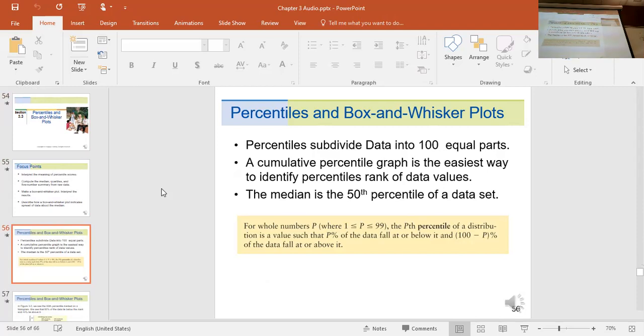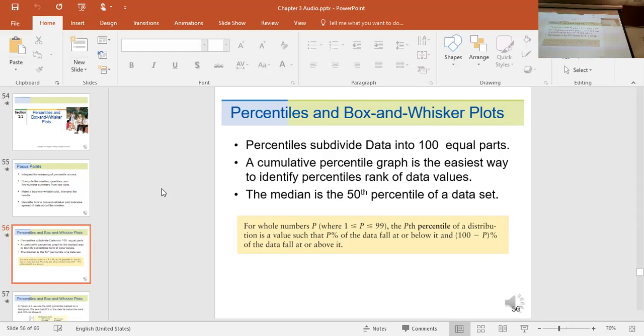of a value x is the proportion of values that are less than or equal to x.